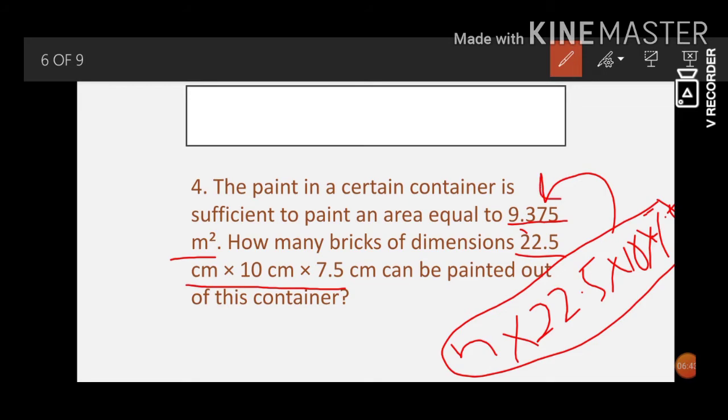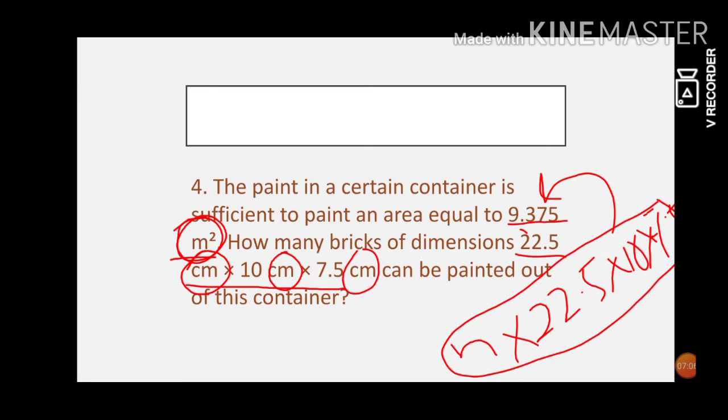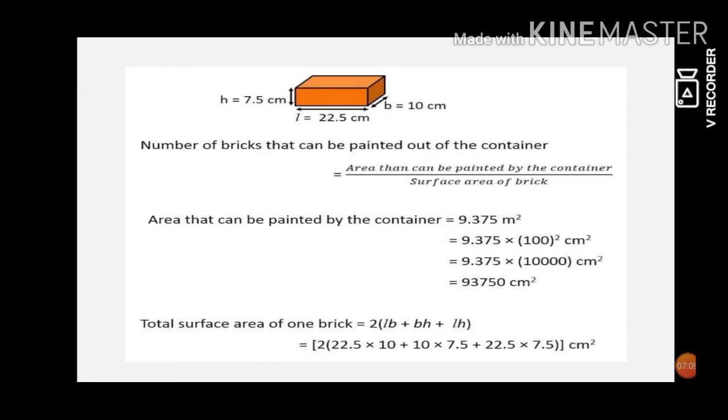But one more thing we have to see is that the area given is in meter square, whereas the dimension of the brick is in centimeter. So either we have to convert the meter into centimeter or centimeter into meter, because until the units are the same, we cannot cancel each other. So we have to make the units the same. Let us see how to do the sum.